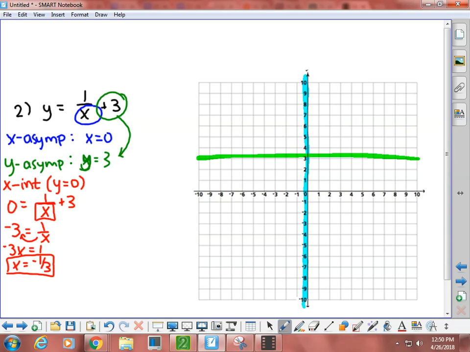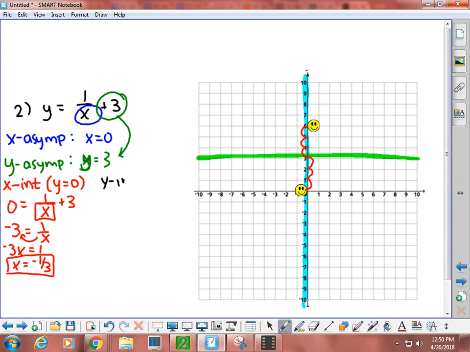So when I go to the x-axis, I'm going to negative 1/3, which is about right there. Okay, so I'll make that a smiley face again. So then I want to find out how far away that is. So I'm going 1, 2, 3 down and over a little. So I'm going to go 1, 2, 3 up and over a little, which is going to put me right there to have my matching smiley face.